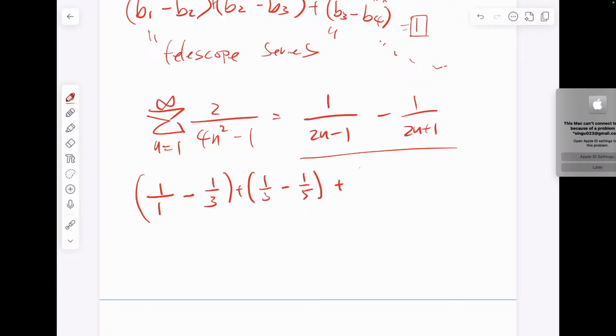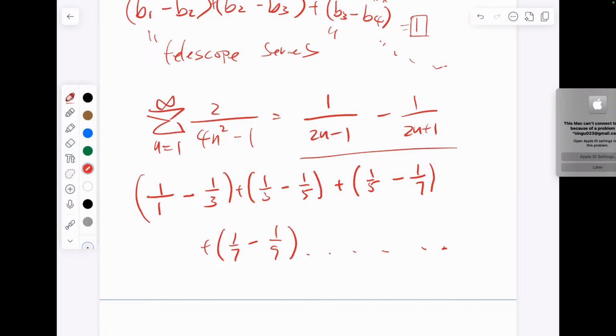Okay? Plus 1/5 minus 1/7, and plus 1/7 minus 1/9, right? Dot dot dot. Aiden said that. I saw a pattern. I think I got a pattern. I just don't know what it is.